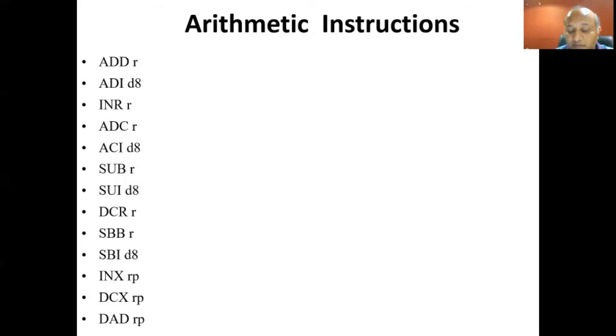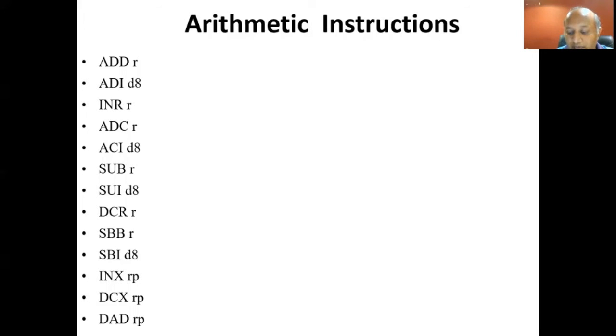Now, for example, we add 45H with F3H. By executing the instruction ADD R, suppose we take the example ADD B. B is having 45H and the accumulator is having F3H. By executing this instruction, 45H will be added to F3H, and the result 38H is stored in the accumulator.